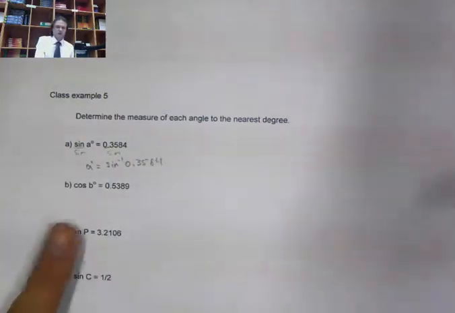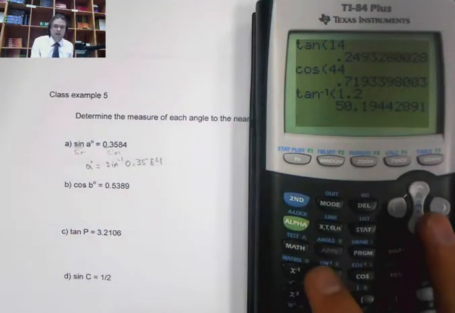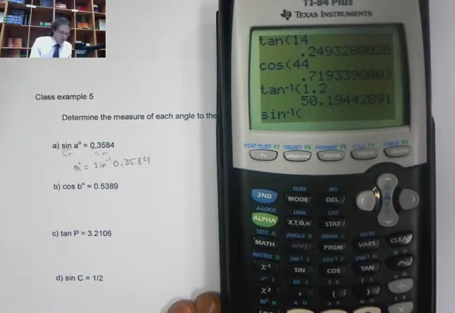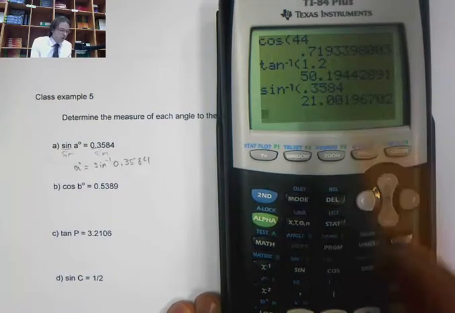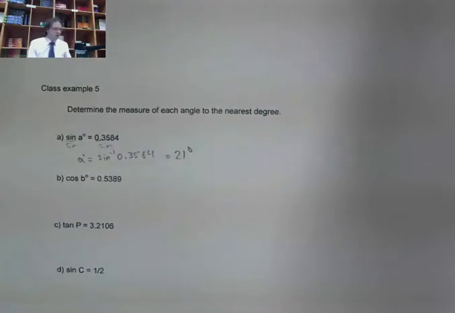0.3584. Okay, so let's put that in my calculator. So we go second, then we hit the sine button, and we put 0.3584. Enter. I get 21 degrees. Let's try the next one.